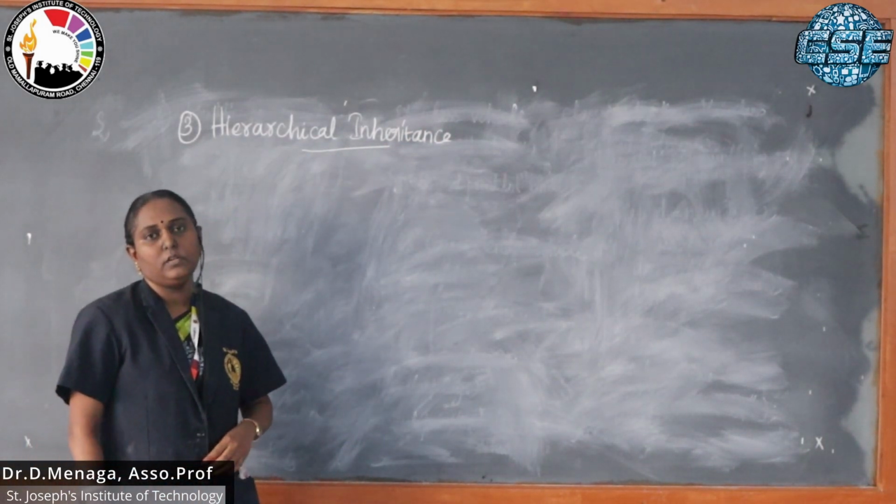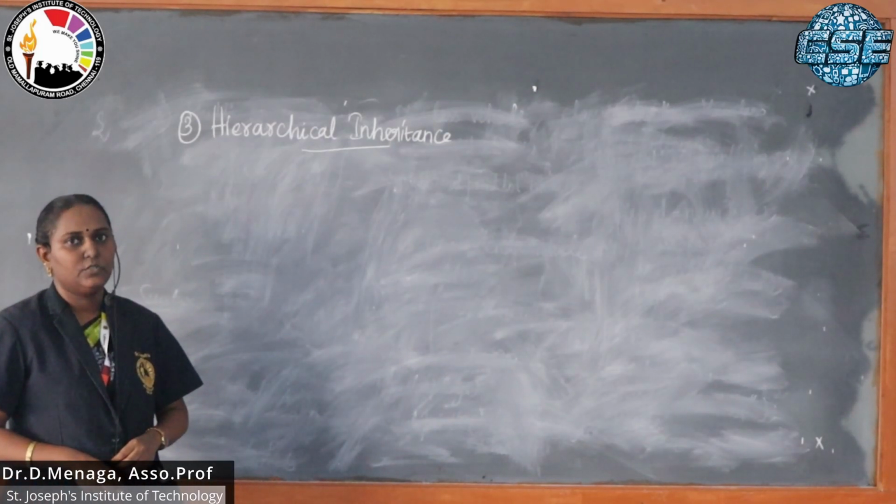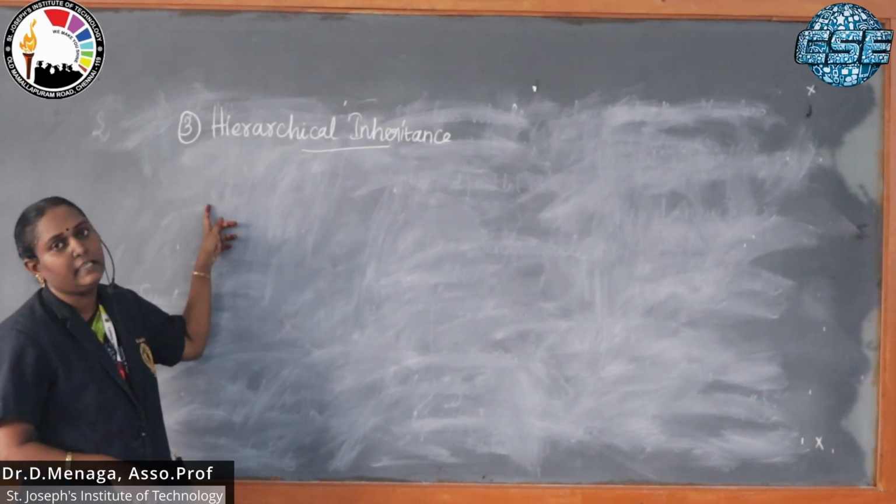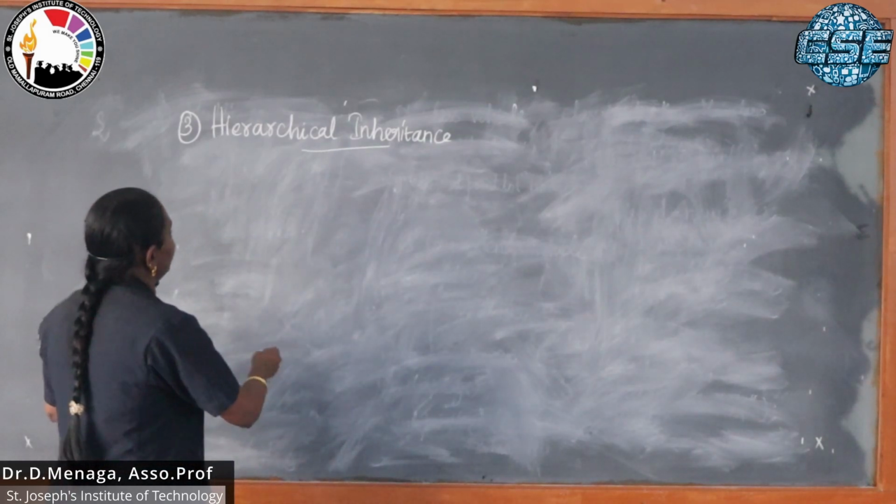So when two or more derived classes acquire the properties and methods of a single base class, then that is called hierarchical inheritance. Let us see the diagrammatic representation of it.